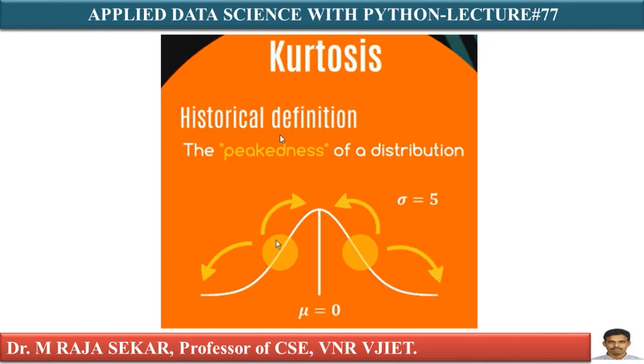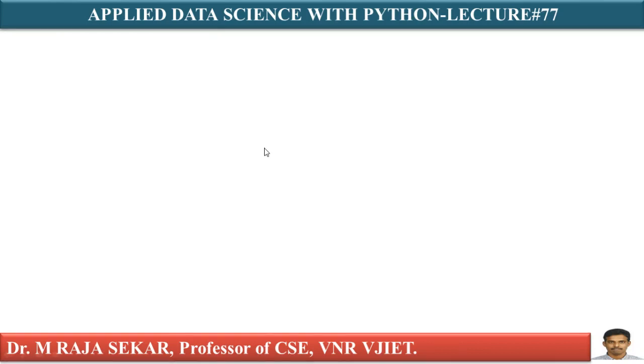Yes, this word is important. It is peakedness of distribution. This is the golden point. Of course, there is some peakedness controversy that I will discuss while solving data science problems. This lecture may not permit me to discuss it. For the time being, just understand kurtosis is peakedness of distribution.